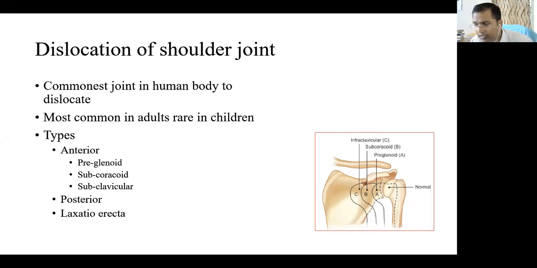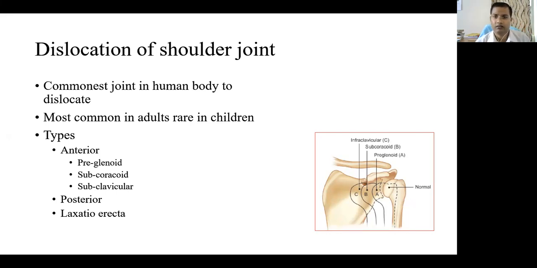Luxatio erecta is a rare condition when complete dislocation is not there, but just due to relaxation the muscles are lax. The muscles of the rotator cuff are so lax that the humeral head just lies in the subglenoid position, just below the glenoid, not pre.